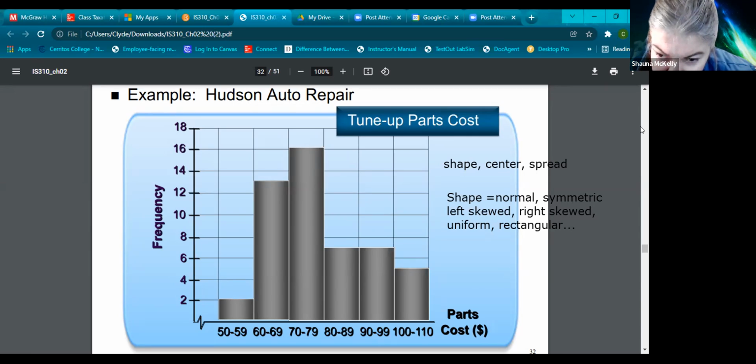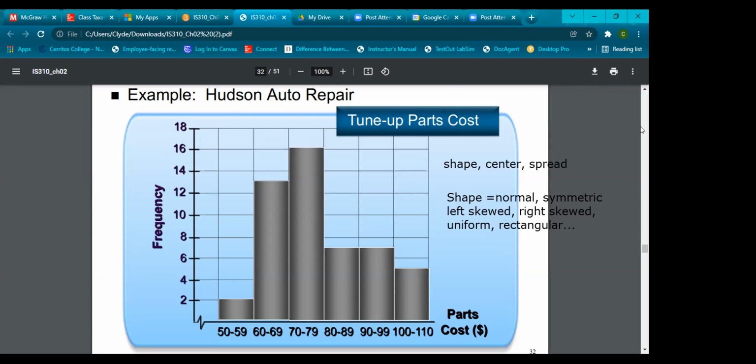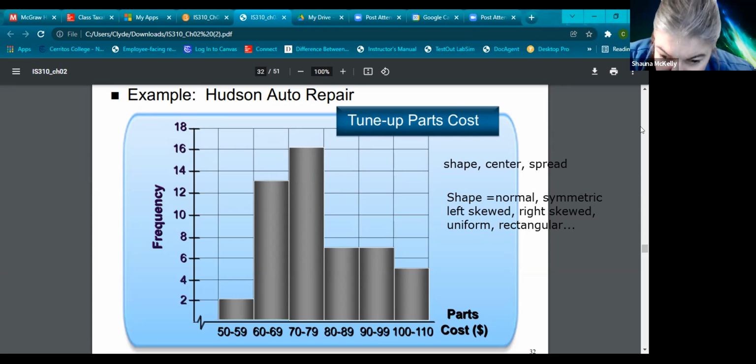If I had a big tall bar on the right, say where 90 to 99 is, then it might be a little bit left skewed. It might skew to the left. Skewed means that's where the less of the data is at. Okay, that's a good question.